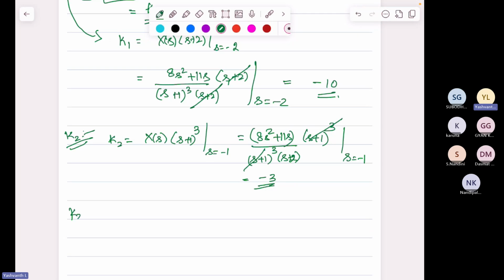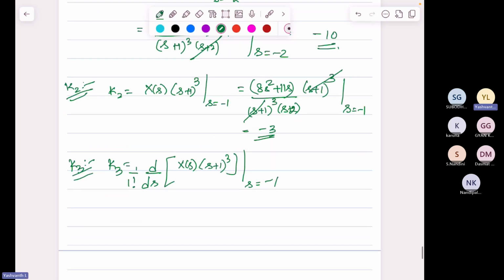Now k3, you can show that k3 is equal to 1 by 1 factorial, d by ds of X(s) into (s plus 1) whole cube at s equal to minus 1. That is nothing but d by ds of (8s square plus 11s) by (s plus 2) at s equal to minus 1.